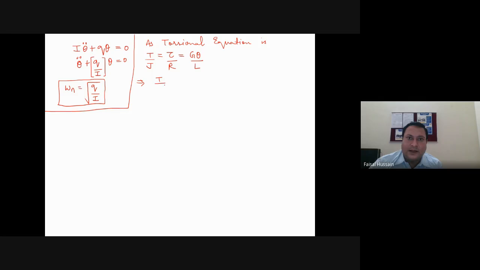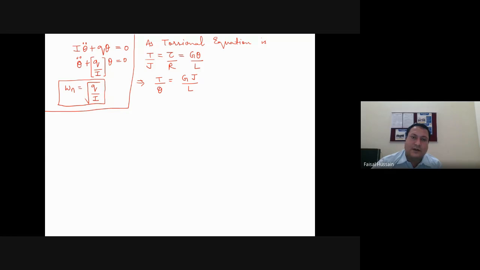Now here, I can write T by theta equal to G into J divided by L. And here T by theta is the ratio of twisting moment with respect to the angle of twist.